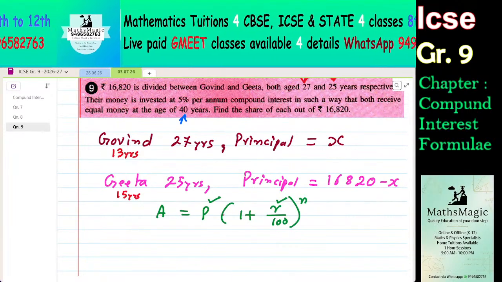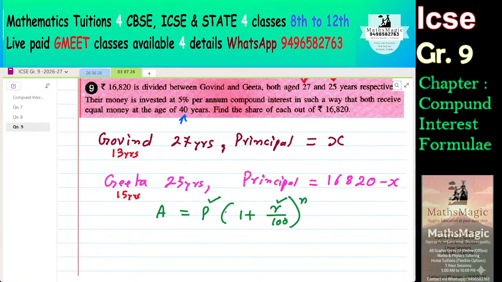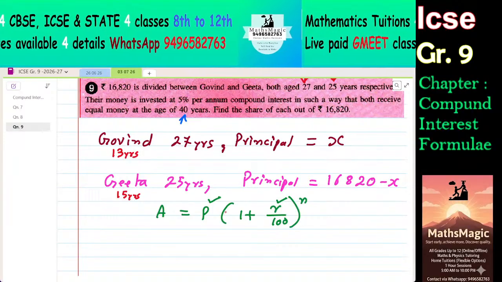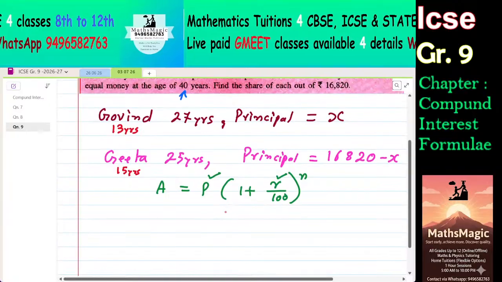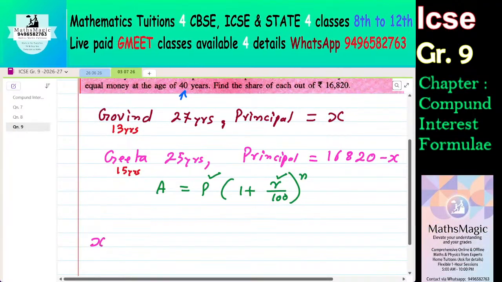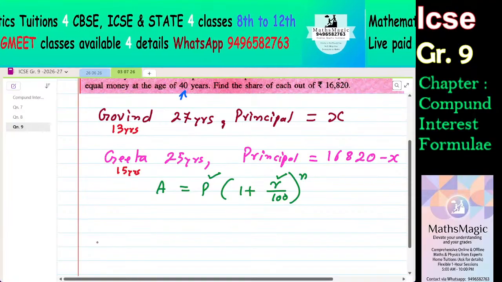There will be no change if you take X for Geeta as well. No change. And after 13 years and 15 years of investment, they will get the same amount. So in this case, X, brown color we will use for Govind.